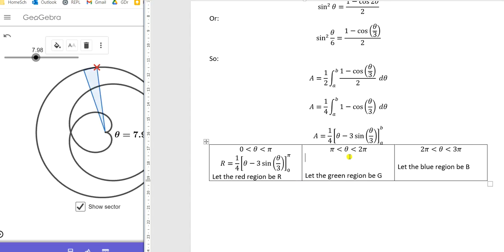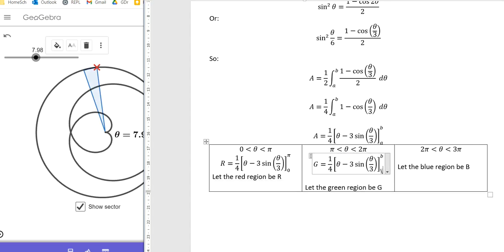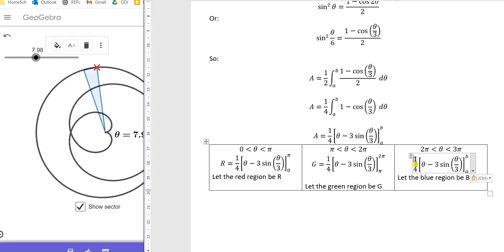I can generate an expression for g in the same way. This will be between pi and 2 pi. And finally, B, the blue region, will be the same definite integral, but between different limits, 2 pi and 3 pi.